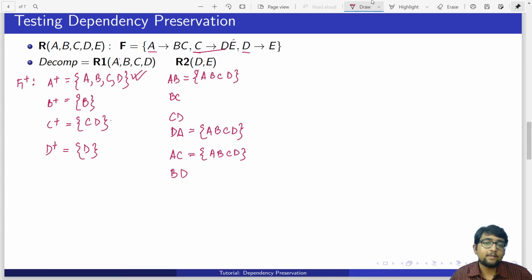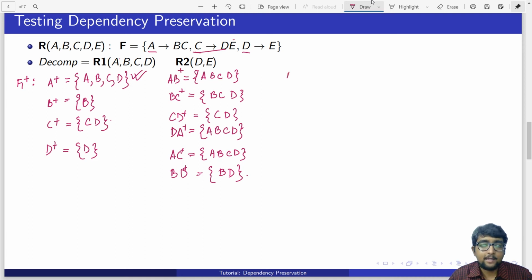So I am left with three other pairs that I have to check, and they are BC, CD and BD. So let us see what BC derives. BC plus will be, oh sorry, these all will be plus, BC plus will have BCD, E you cannot take, so it is BCD. CD we will have only CD, and BD again we will have BD. Okay, now accordingly we will apply the same logic for three-attribute sets.